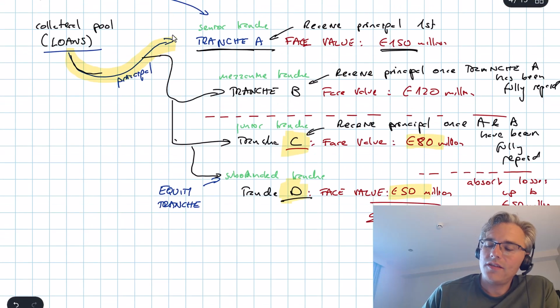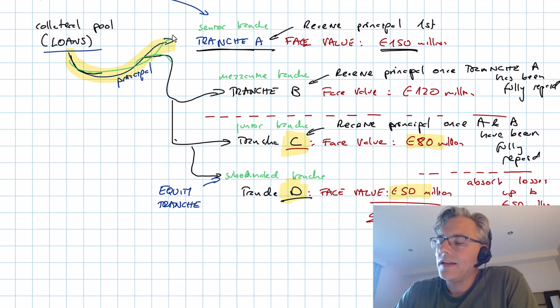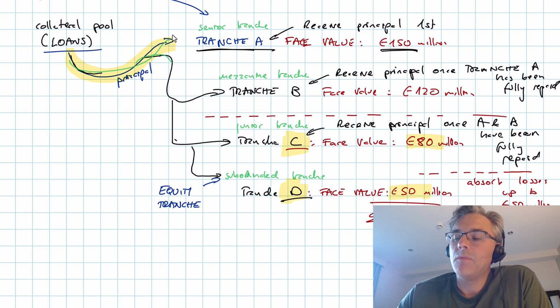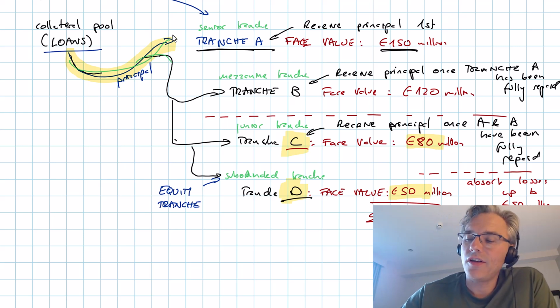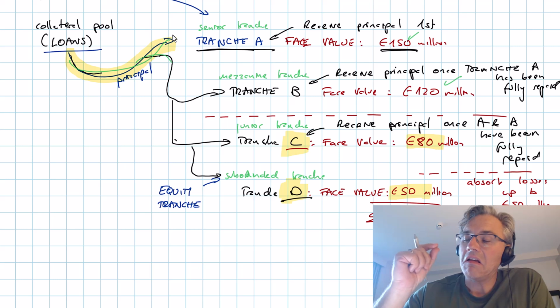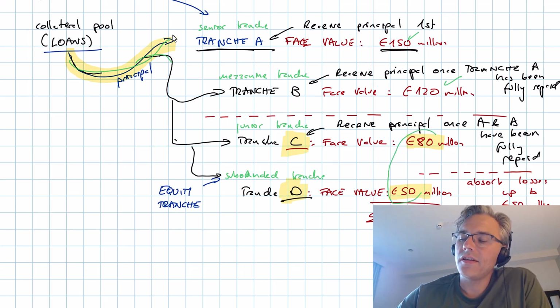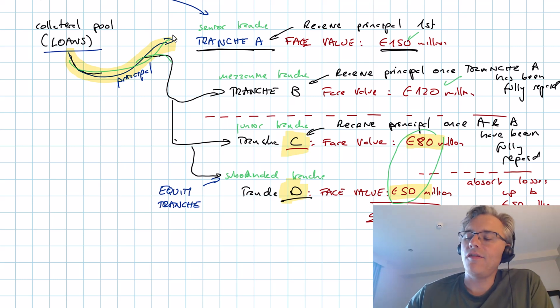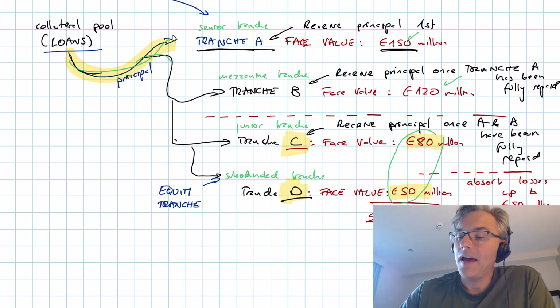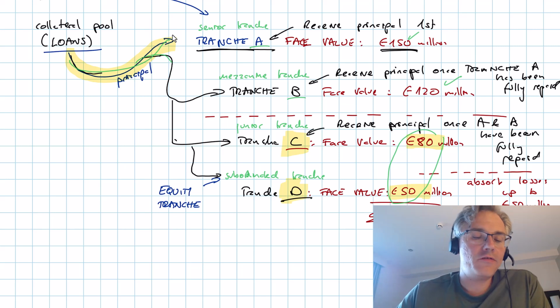So as long as the principal repaid is big enough to cover what we owed to A and B, they will not be affected. As long as the losses stay below 130, the loss absorption capacity of tranche C and D, A and B will receive the full money back.